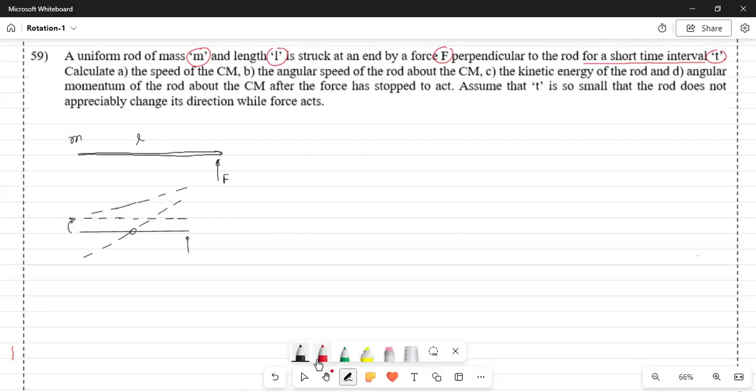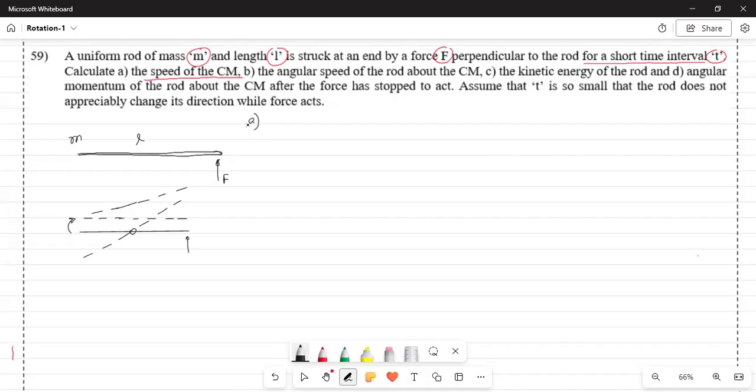Now, what are the questions? Questions are, calculate the speed of the center of mass. That means at what linear speed the center of mass is moving. If we want to calculate this, part A, as I said, this is a problem of impulse force.